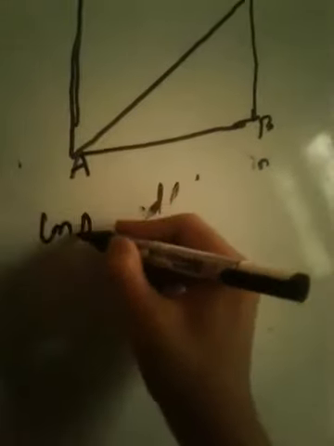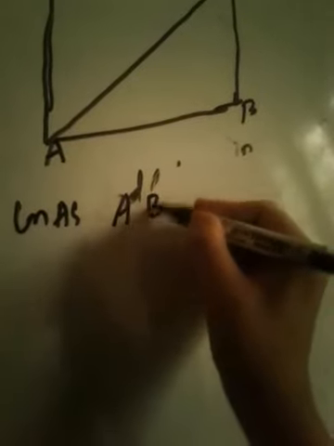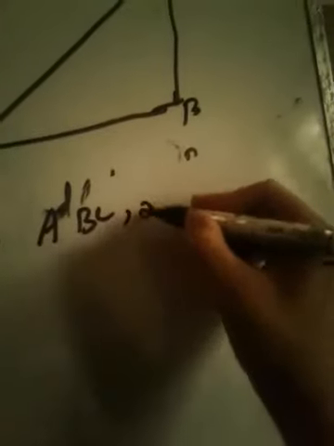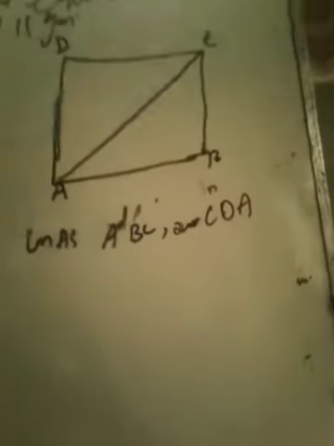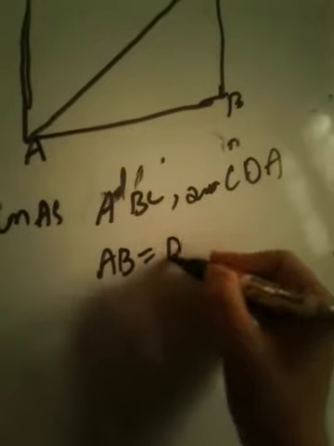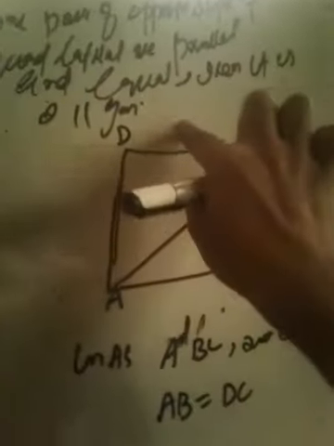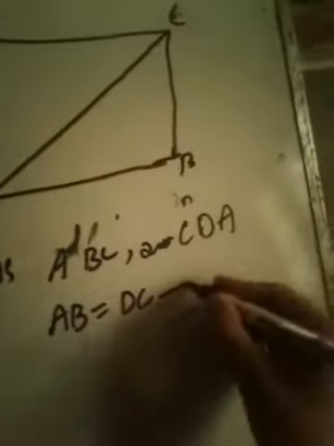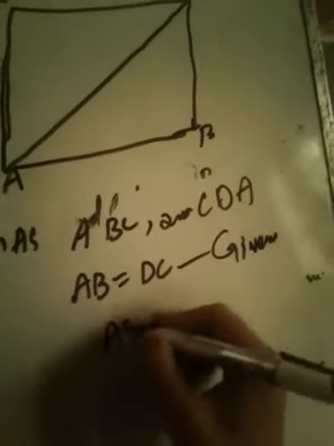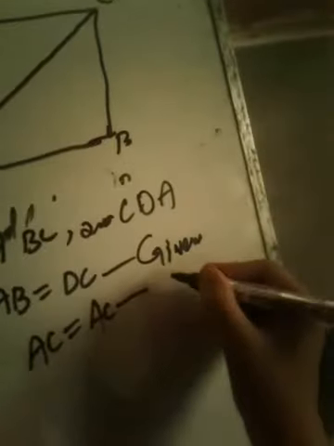We will write in triangles ABC and CDA: AB equals DC, why? Because it is given. AC equals AC, why? This is common.